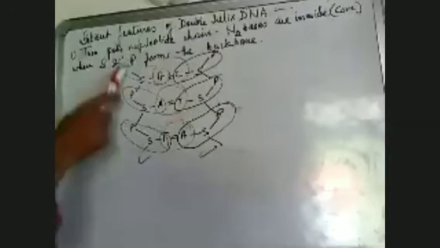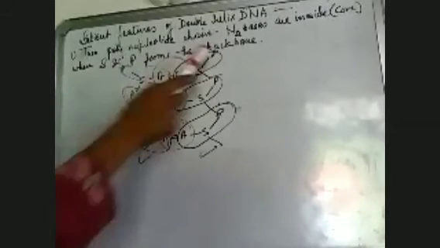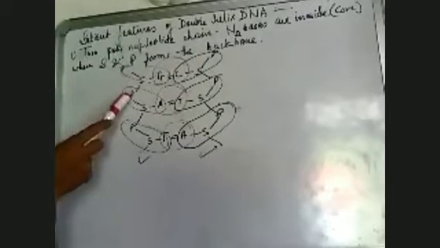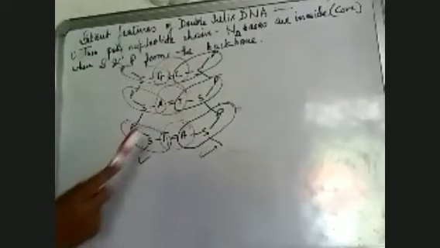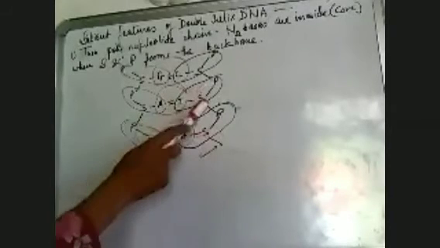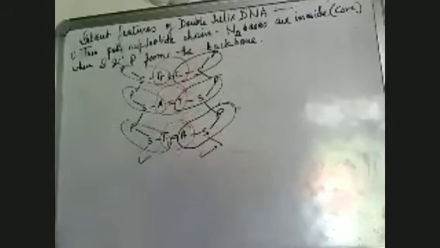And on the outer side, the margins, the backbone is formed by sugar and phosphate, sugar, phosphate, and so on. So the backbone is formed by sugar and phosphate, and the nitrogenous bases are inside in the core. It is made up of two polynucleotide chains. This is what he wanted to say.